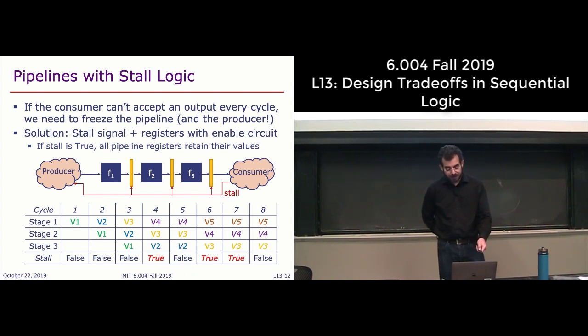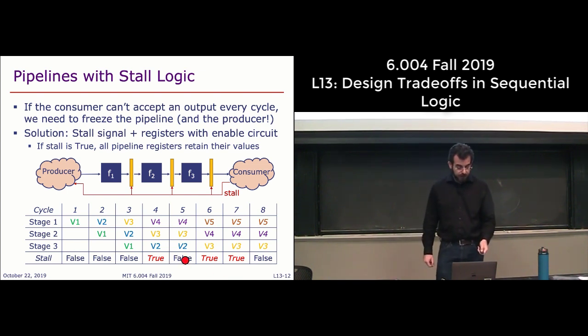The consumer sees this is a valid value, and let's say it's implementing some multi-cycle computation. It says, I can't take any more values, so freeze the pipeline. So the next cycle, every pipeline stage is going to retain its old value, and the producer is also not going to be able to enqueue anything into the pipeline.